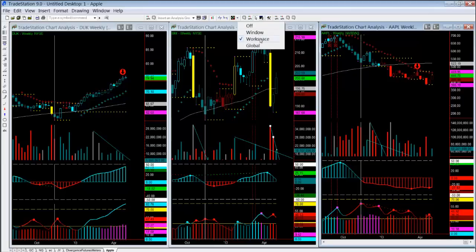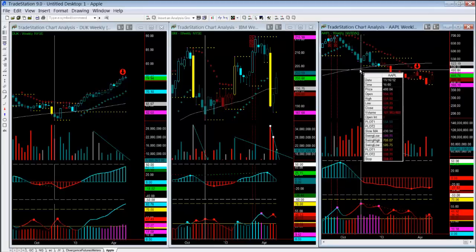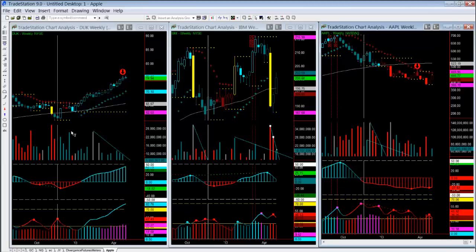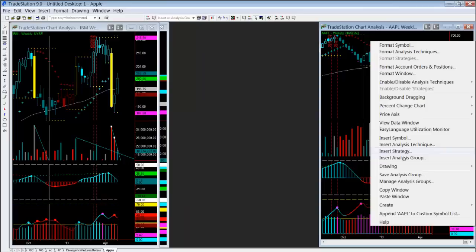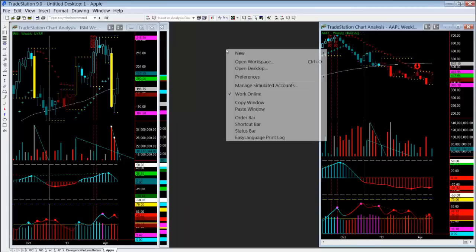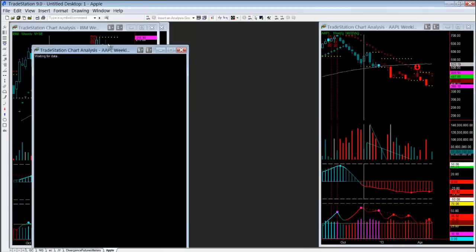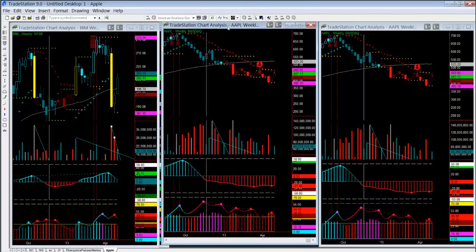Let's see. Yes, on the workspace. Okay, this is where you got a magenta peak. Okay, so let me put all of these over to the side. And let's paste up a window here.